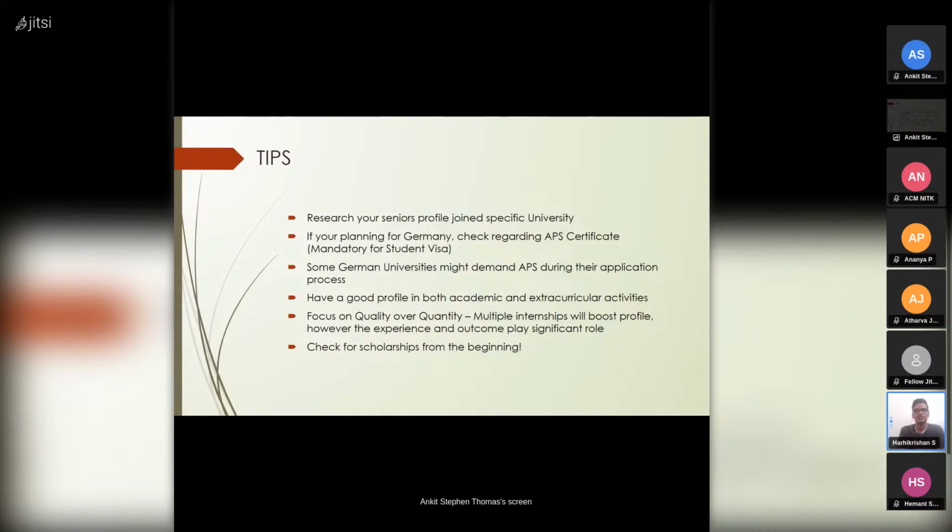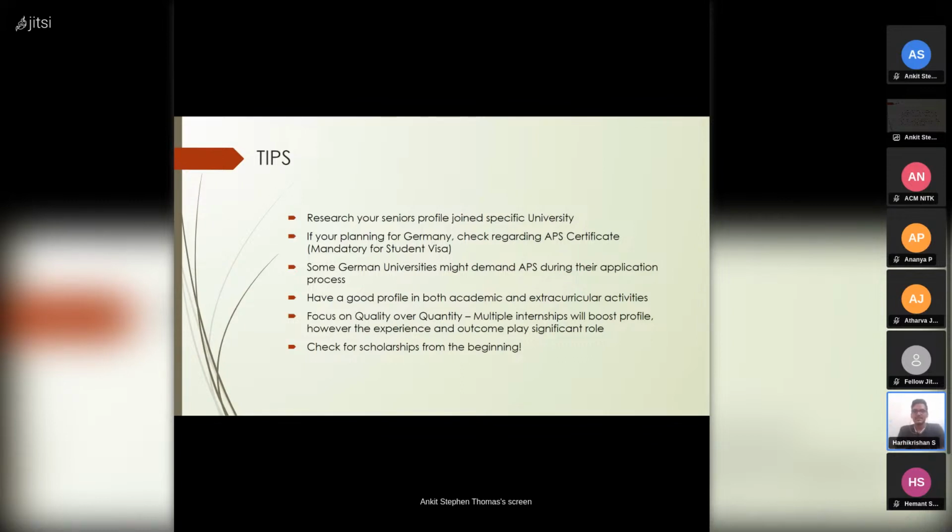You have to be aware of what the university requirements are. One of the easiest ways is to research your seniors who joined that university itself. That's one kind of trick you can use for yours also. That's how I got a fixed mindset on where I want to go.